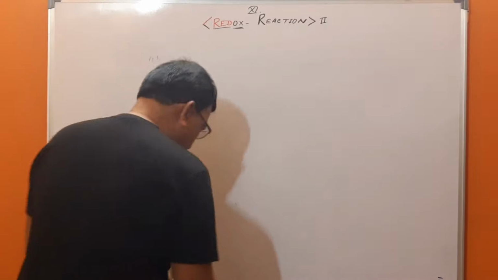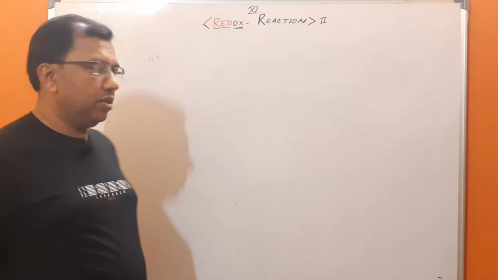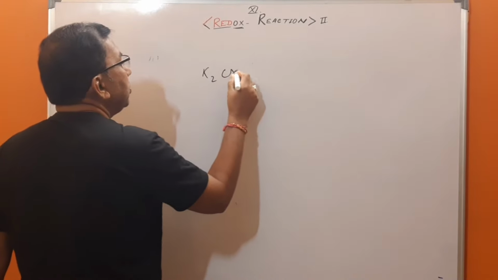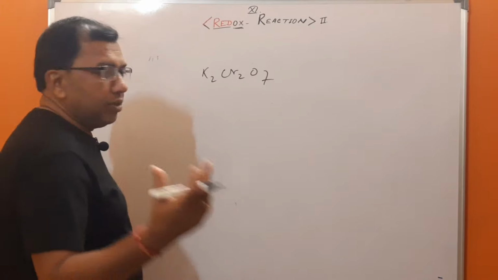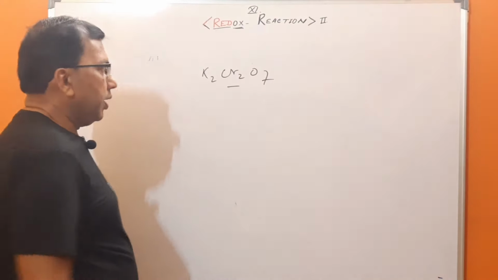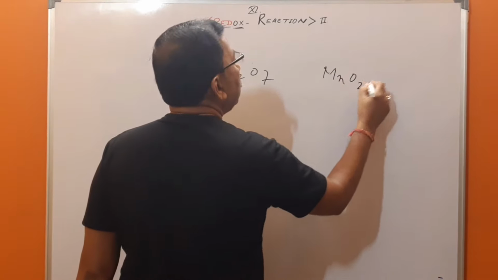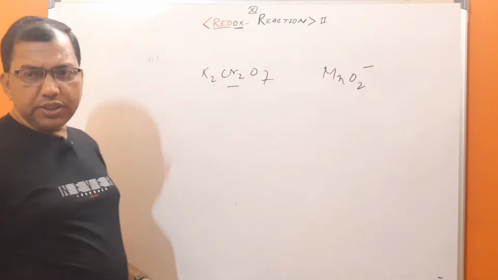See. Suppose you have to find the oxidation number of K2Cr2O7. Here you have to find the oxidation number of chromium, and in MnO4-, you have to find that of Mn. So what is the process?